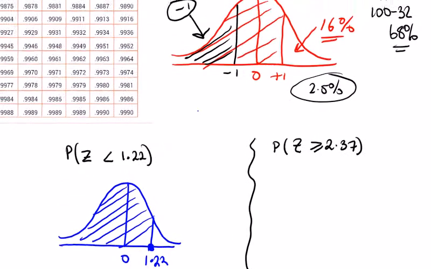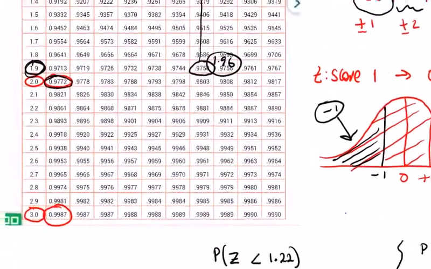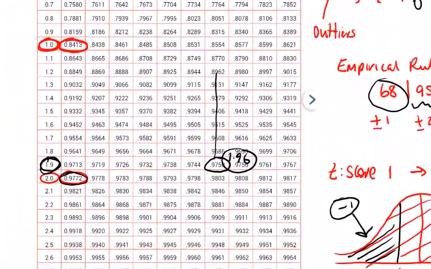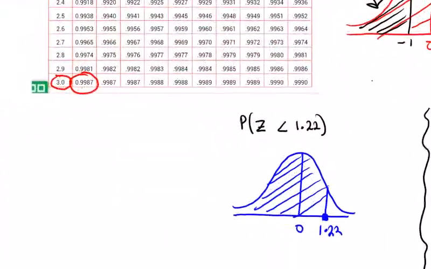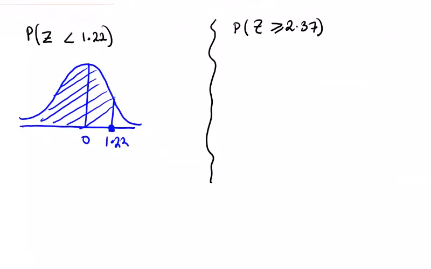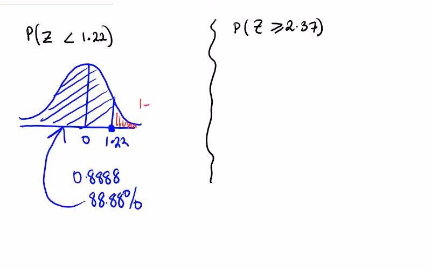So what does that represent? Let's have a look. We're looking for the blue bit to the left. 1.22: 1.2, and this first column here is a 0, so 1.22 is the third column. So 0.8888, which means that 88.88% of the data is in this blue bit, and in the red bit at the end we have 1 minus 0.8888.